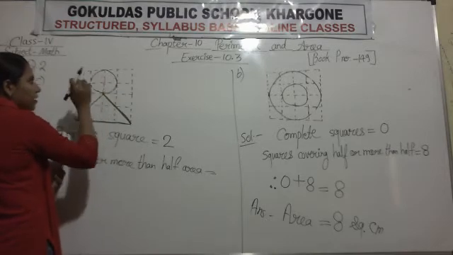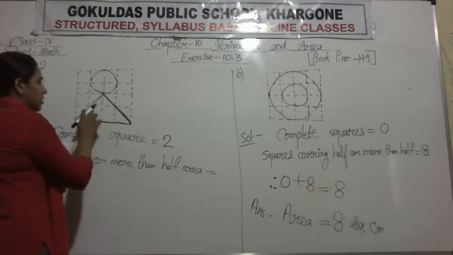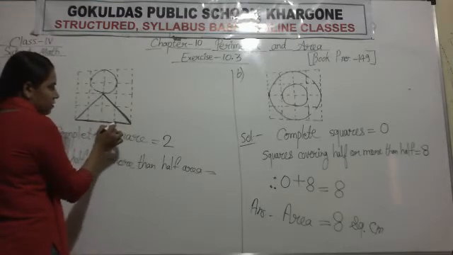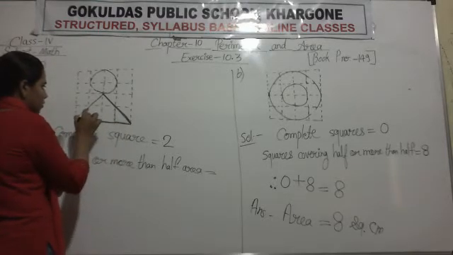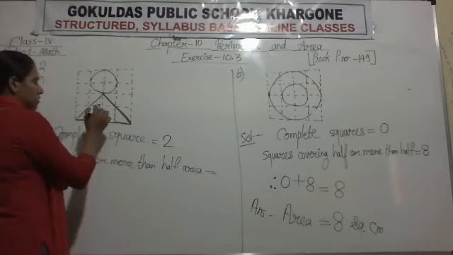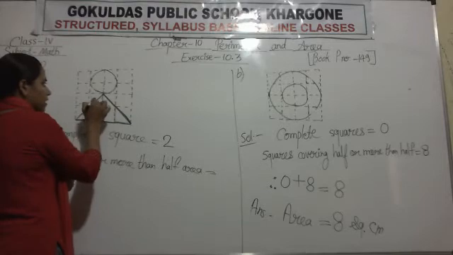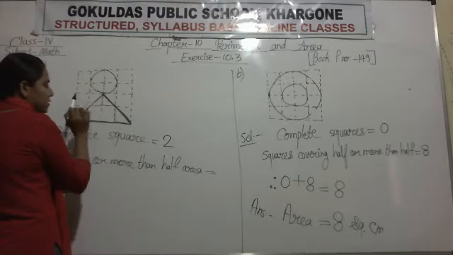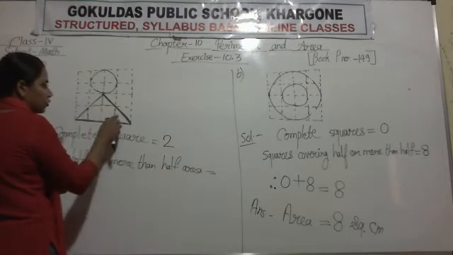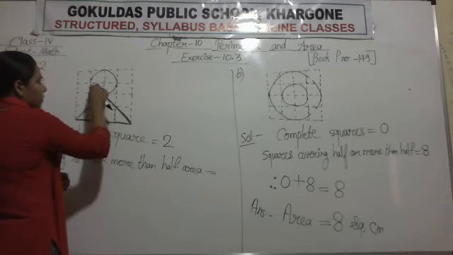This part is covering half or more than half. Now this is a half square, this is a half square, and as we know, half plus half becomes 1. This part is half, this part is half. Half plus half is 1, half plus half is 1, so 2.